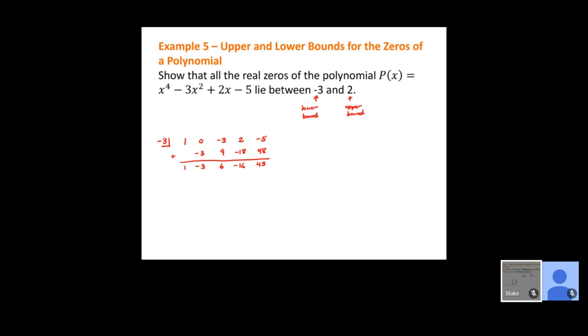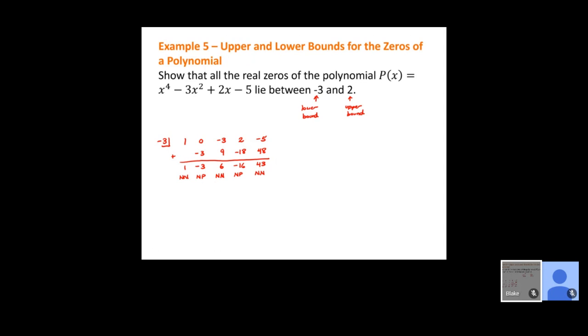Okay. So if we look at that row now, where the quotient and remainder are, notice we start with a positive, then it goes to a negative, then a positive, then negative, then positive. So this row alternates positive, negative, positive, negative, positive. Or in other words, we have to think of this as non-negative, non-positive. So we have a non-negative value here, a non-positive value here, non-negative, non-positive, and non-negative.